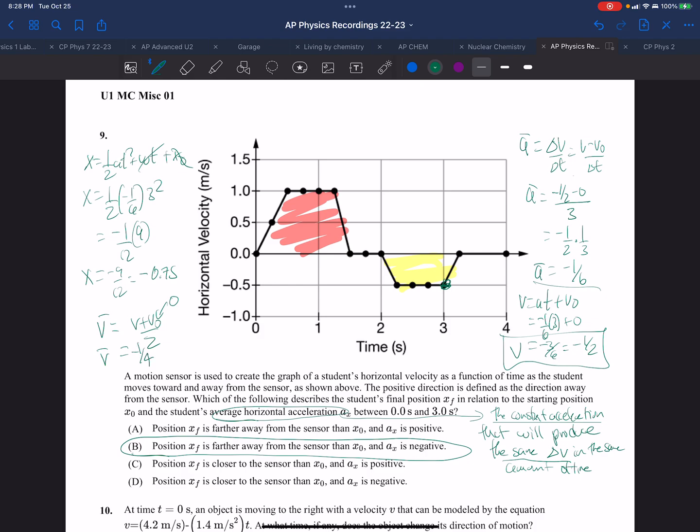And if our average velocity were minus 1/4, V bar is delta X over delta T, then it ought to produce the same displacement. Minus 1/4 times 3 would give us minus 3/4. Now you'll notice that this minus 3/4 is the same we got as plugging into this, but they are both wrong.